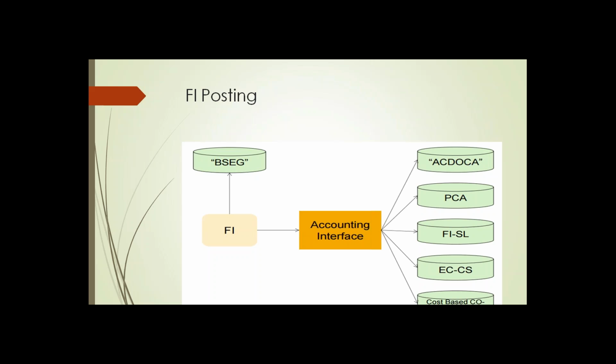But now going forward, FI and CO are no separate modules. They are a common module. So whenever I pass any secondary cost element posting into CO directly and my balance is matching, there is no need to pass any entry reversely to the primary cost element, because the secondary cost element is also now part of my GL.